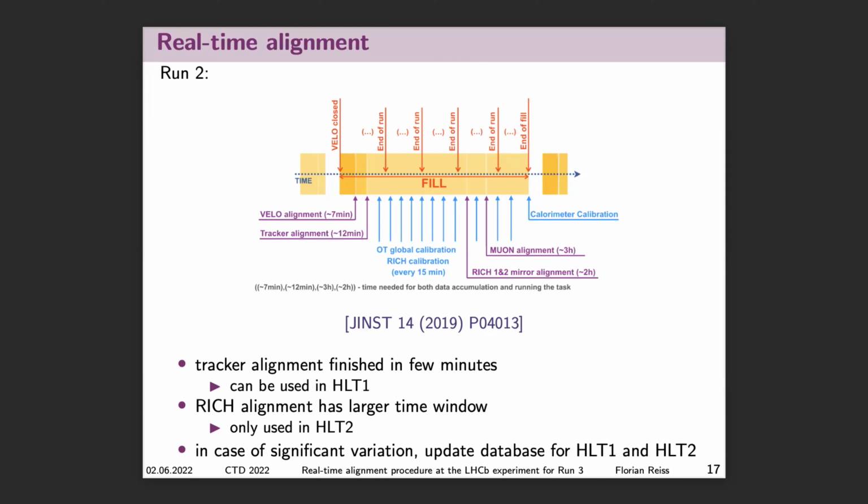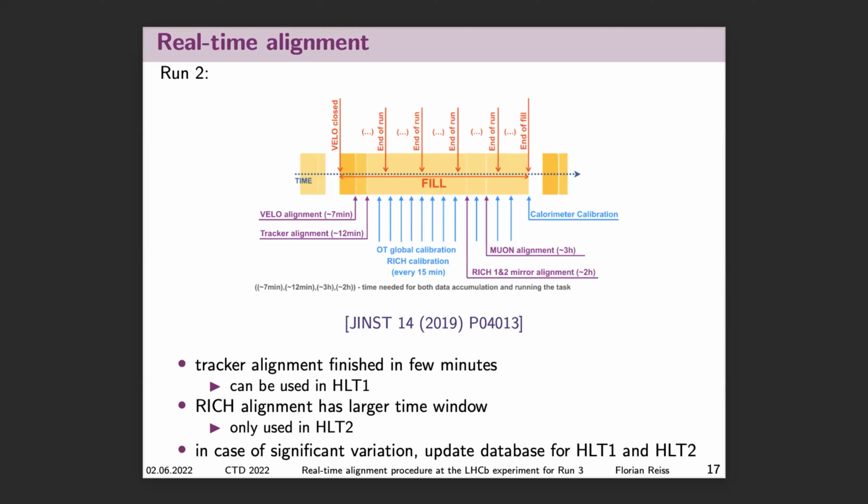So the tracking alignment is finished in a few minutes. This means we can actually use the updated constants already at HLT1 if need be, since we don't use the other detector information for HLT1, while for example for the RICH we need more time.